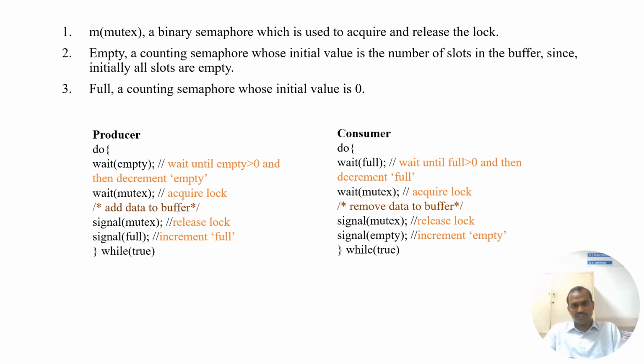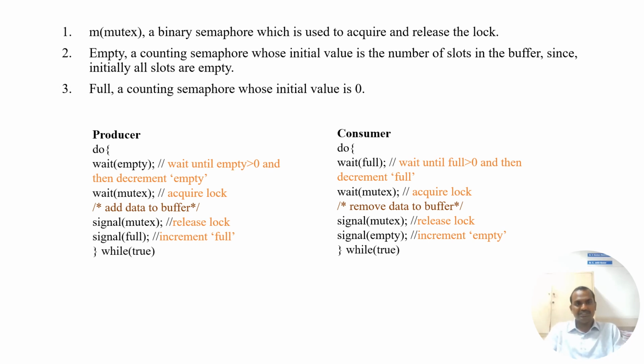Once the consumer has removed the data from the buffer, we release the lock using signal of mutex. Then the producer can add data into the buffer. And signal of empty is used to increment empty.